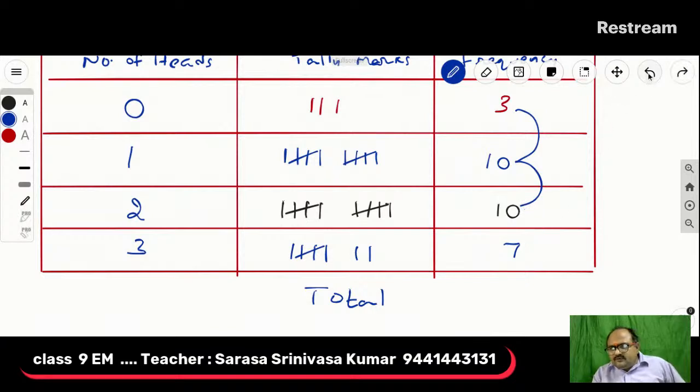If we get 30 only, then our calculation is correct. Otherwise, somewhere else there is some mistake. We should cross check the problem again if there is a mistake. So the total frequency is 30 here.